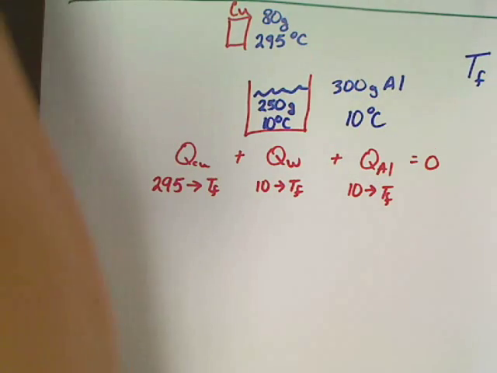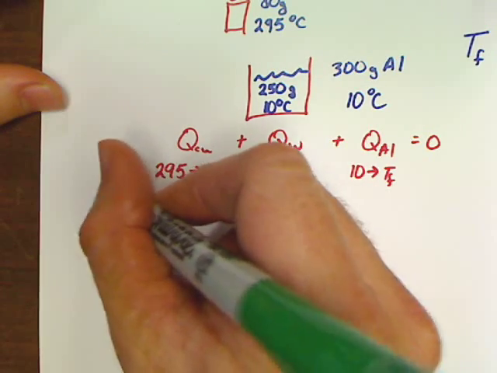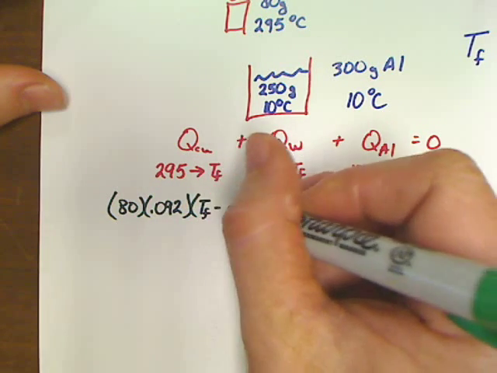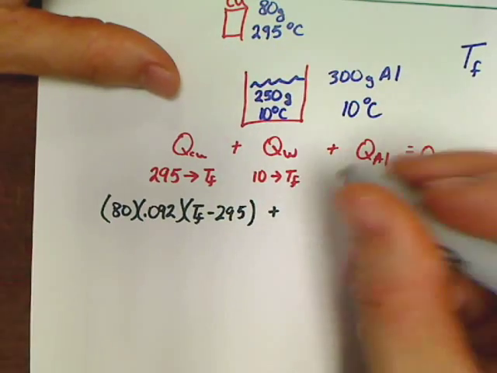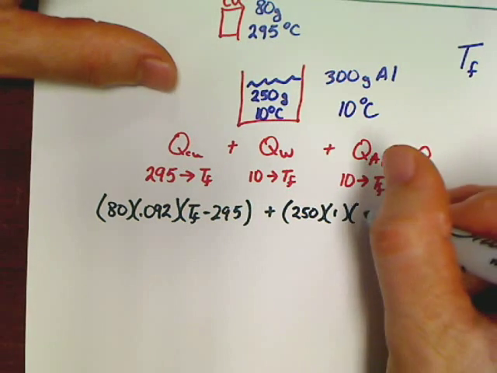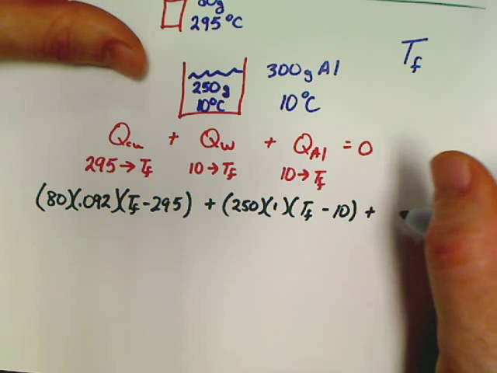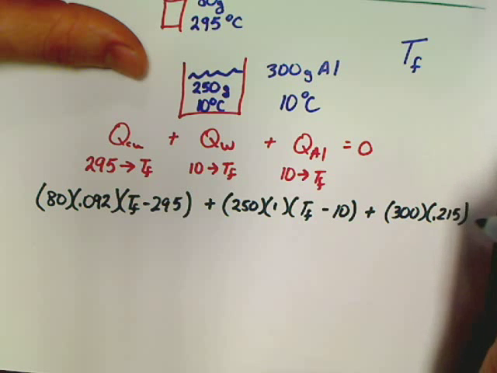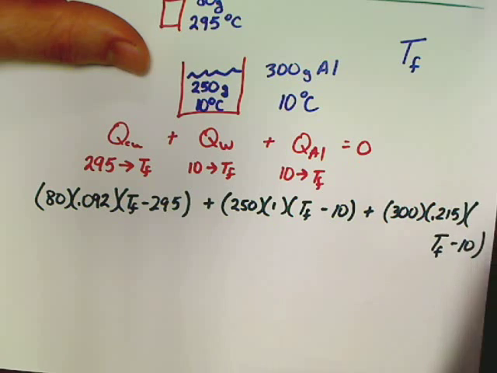So mass of copper is going to be 80 times 0.092 times TF minus 295, plus water, which is 250 times 1 times TF minus 10, plus the aluminum, which is going to be 300 times 0.215 times TF minus 10 on the aluminum.